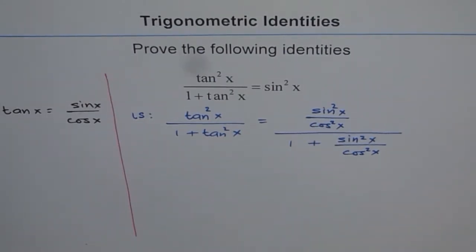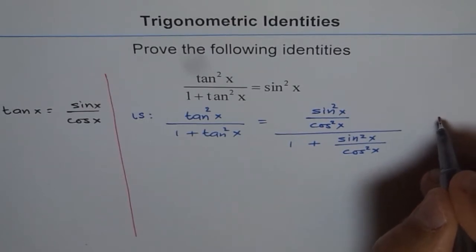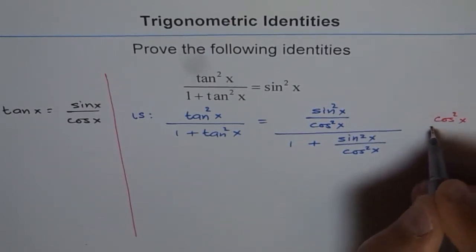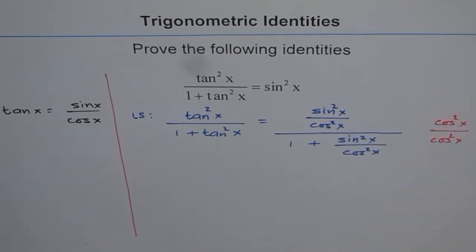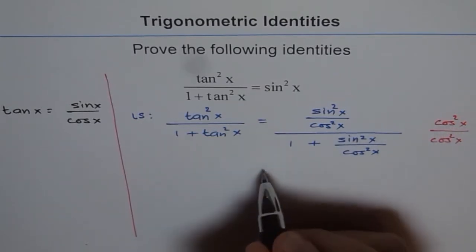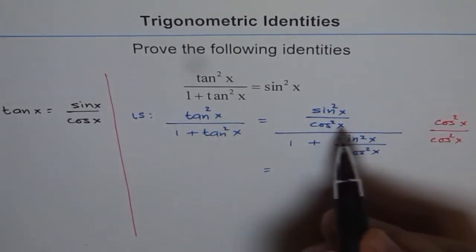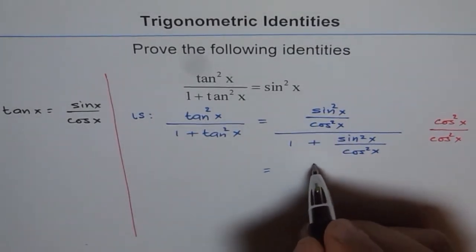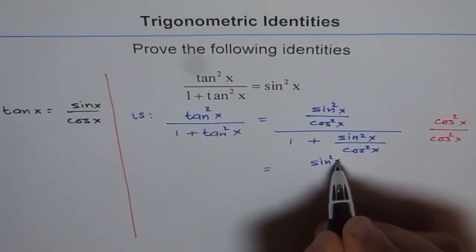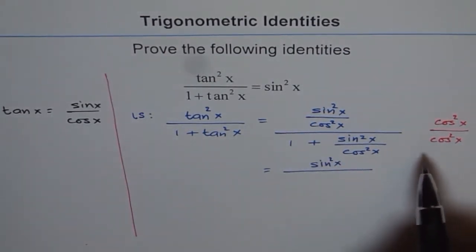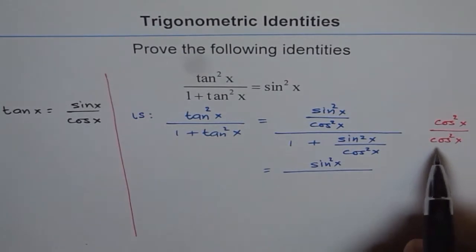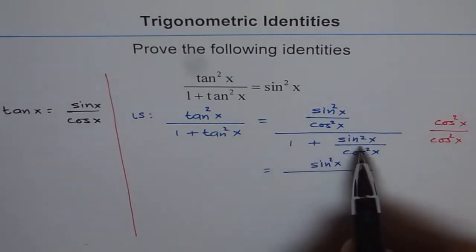But what we can do here is multiply numerator and denominator by cos squared x. Think like this. So if you do that, this cos squared x gets cancelled and you get sine squared x in the numerator, right? And in the denominator you get 1 times, this cos squared x cancels, 1 times 1 plus sine squared x, correct?